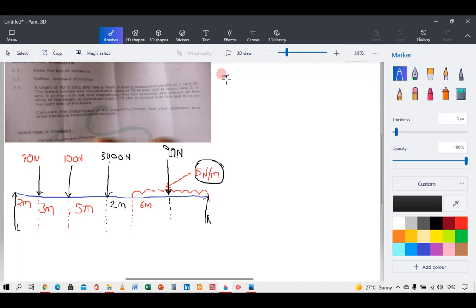So in terms of calculation, we say the sum of clockwise moment equals to the sum of anti-clockwise moment, right?